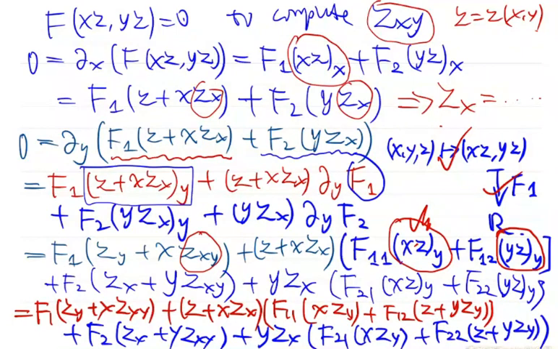So we obtain the equality 0 equals the last two lines of this page. From this equality, you can solve for zxy. You can solve this equation to get the partial derivative zxy we want, and the result contains not only capital F and its derivatives, but also x, y, z, and zx and zy.